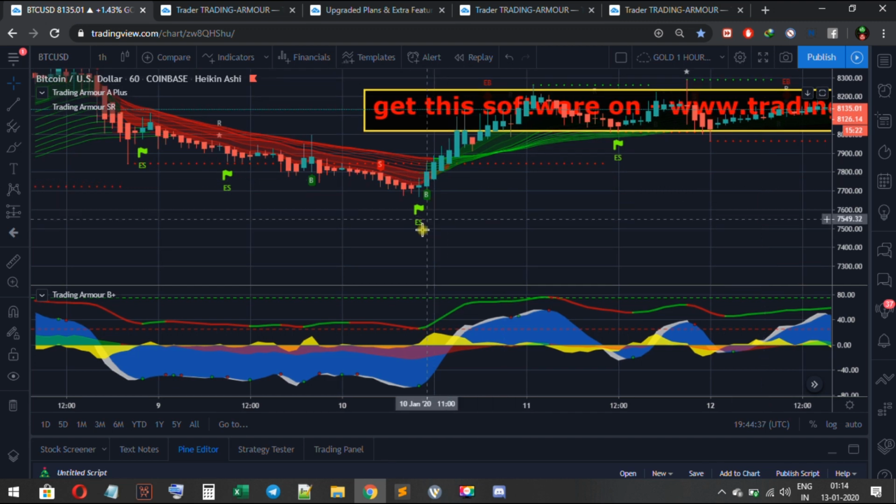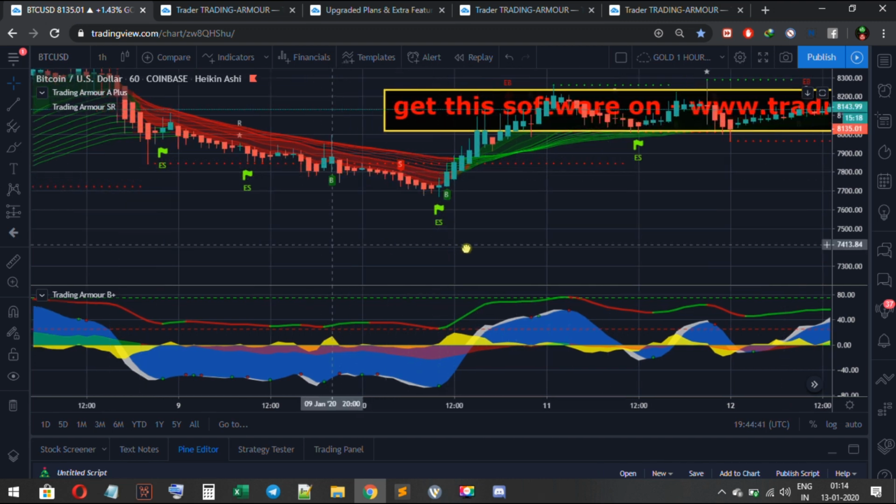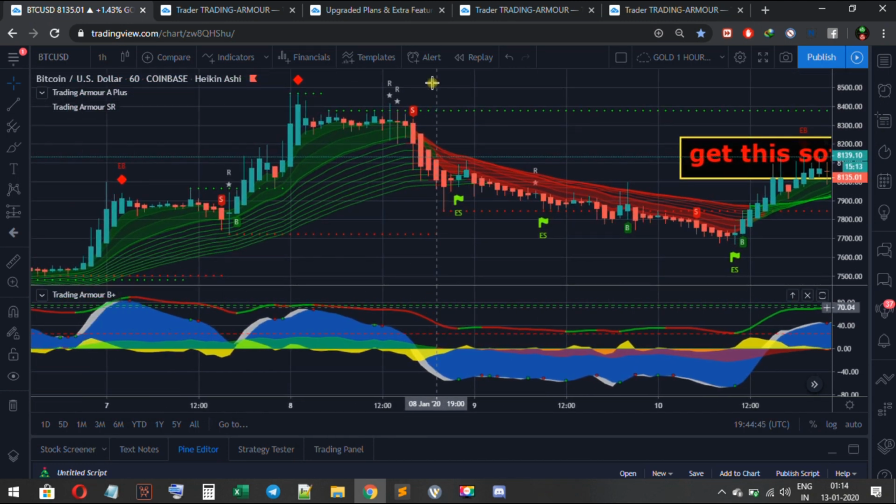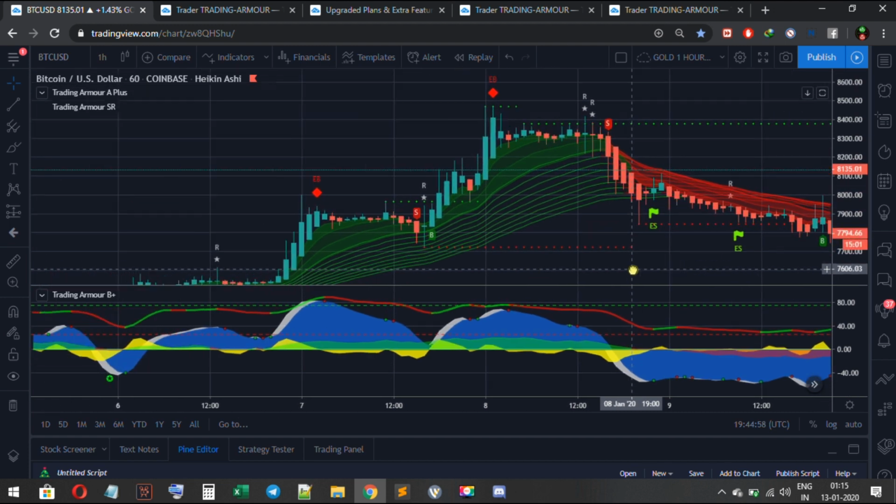And look how accurate this is. End sell means price could reverse from here. You could take your profit from here, with the extra lines.